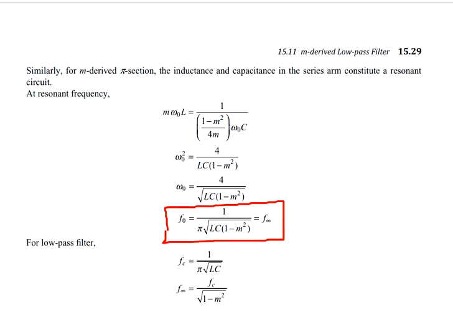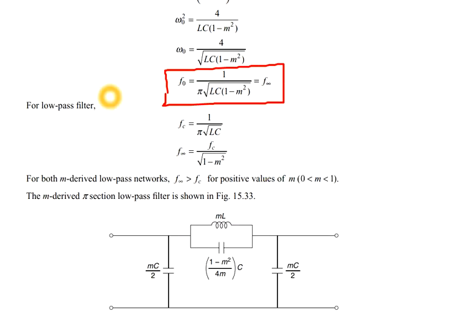So this is with respect to the pi section, and in case of the pi section, again the low pass filter fc is 1 by pi root LC, and f infinity in relation with fc will come like this.